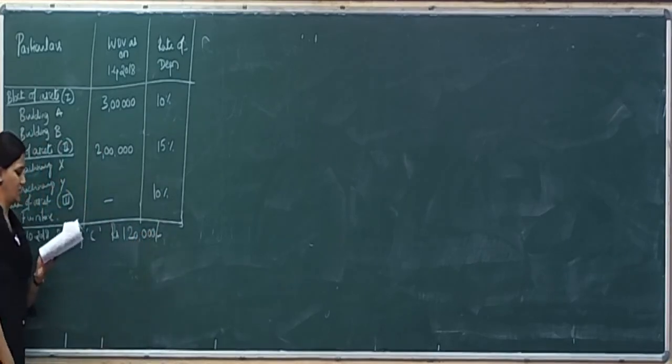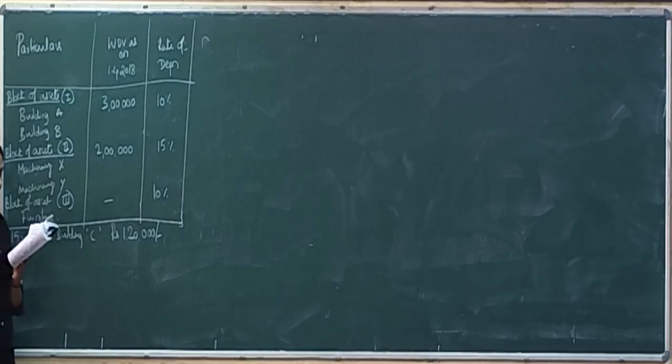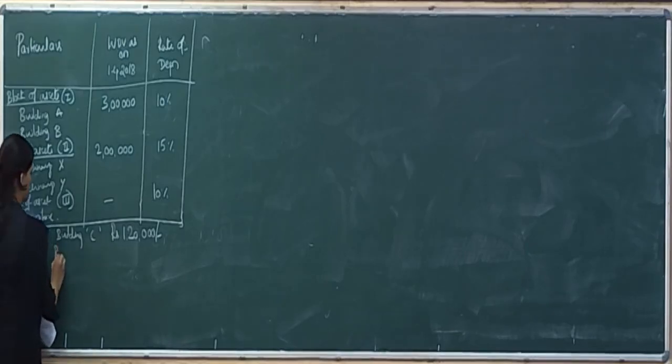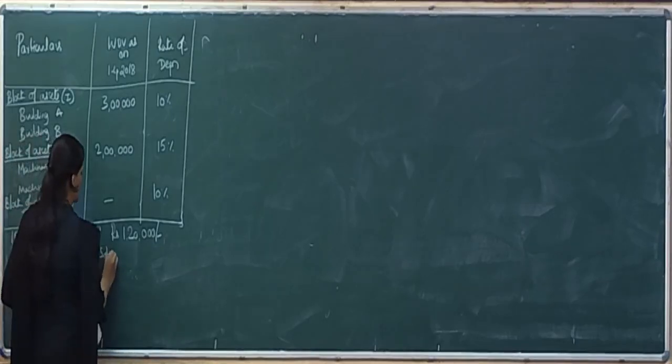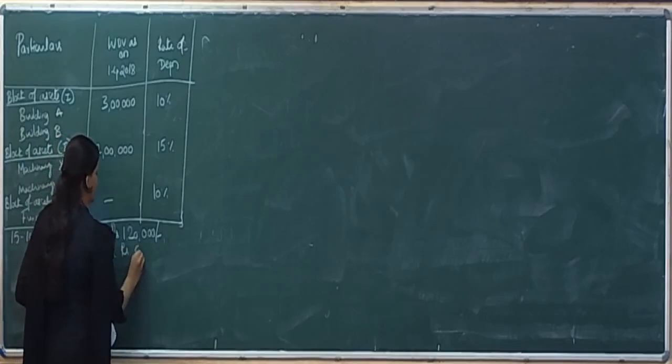So it was purchased for 1,20,000, and the old building A was sold for rupees 60,000.